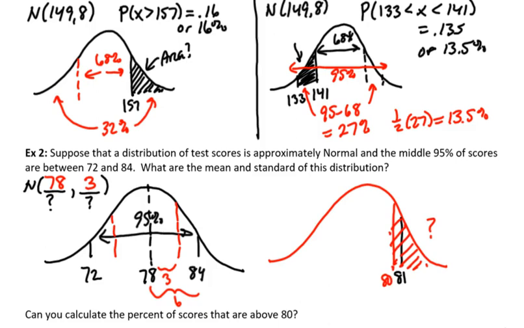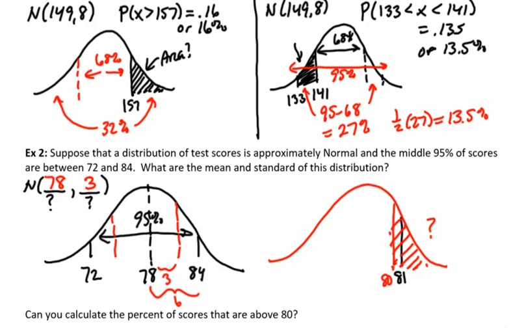No, I don't have any rule that tells me what percentage is above 80. I mean, I could make some sort of guess here, but realize this is a curve, so it's not like 1/3 of the way to that is 1/3 of half of 68.